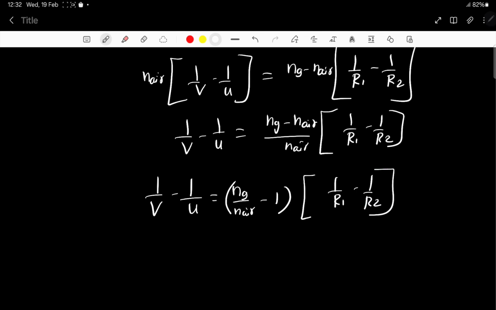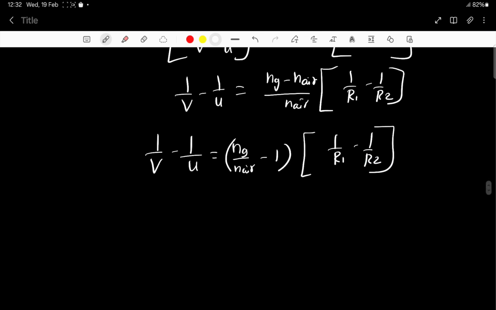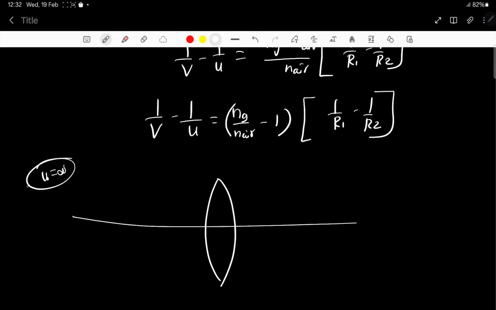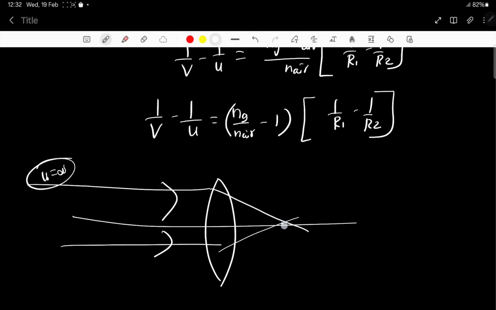And here comes the final step. I can say that for a lens, it could be a convex lens or a concave lens, that does not matter. If the object is located at infinity, the image is going to be formed at what? When u equals minus infinity, v equals f. Is it right? So we can make use of the substitution here.